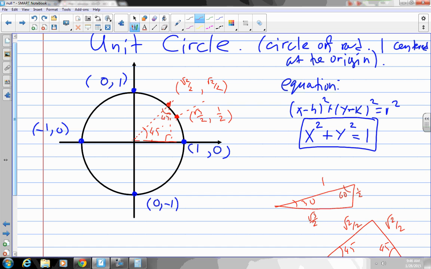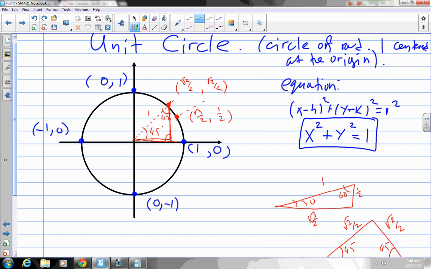These are my points, it's the same triangle. The x and y value will be equal in this case. That side equals that side, and that side is 1. And we already found all the ratios. So it's root 2 over 2 all the way around.